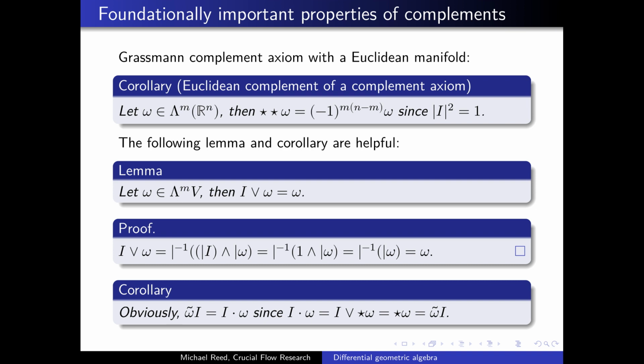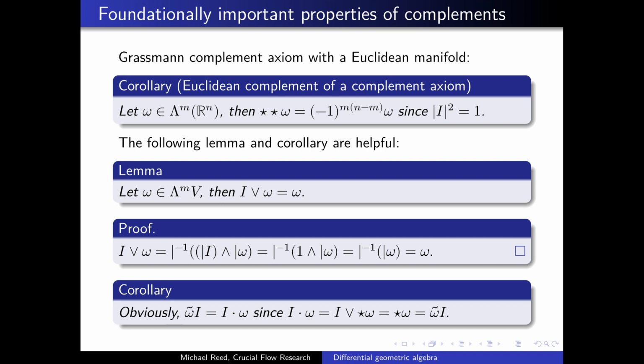So when we just restrict ourselves to the Grassmann complement axiom with a flat manifold, let omega be a grade M element of R^n, then the complement of that has to be (-1)^(m(n-m)) times omega, since the absolute value of the pseudoscalar squared equals 1.